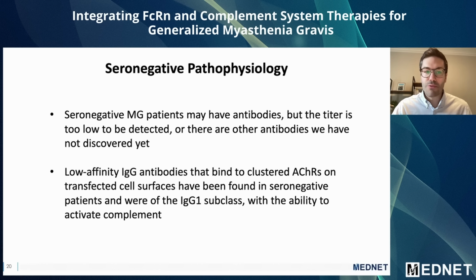It has been found that low affinity IgG antibodies in the seronegative population bind to clustered AChRs on transfected cell surfaces and were of the IgG1 subclass. So they do have the ability to activate complement. But a lot of the research that has gone on has shown a lot of similarities between the seronegative population and the AChR population, indicating that these may be similar patients where the antibody is just not high enough to be detected.